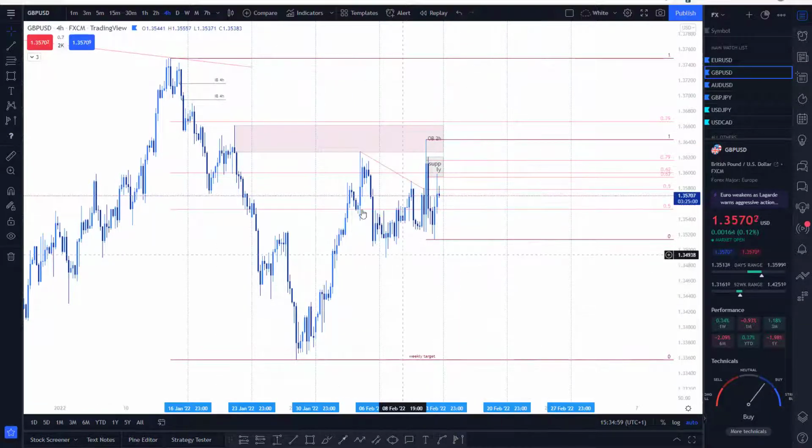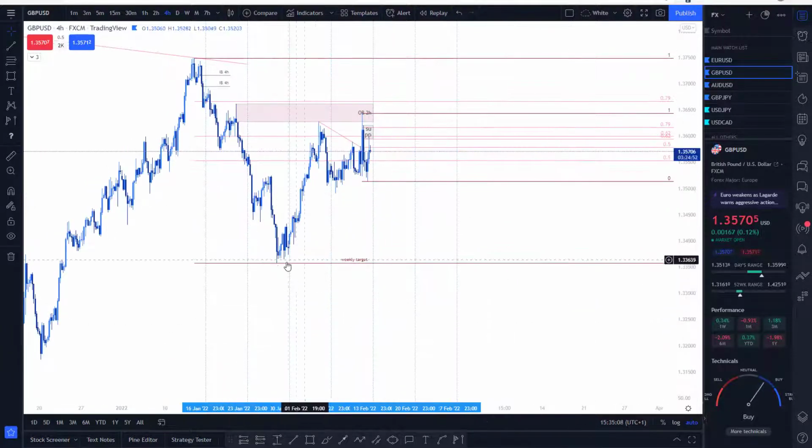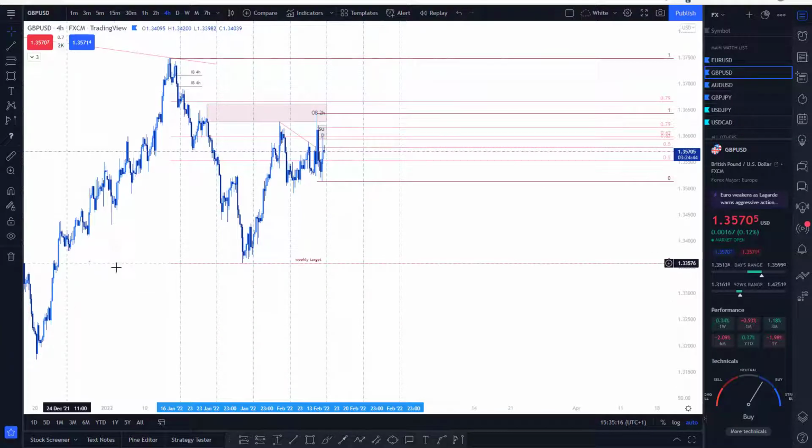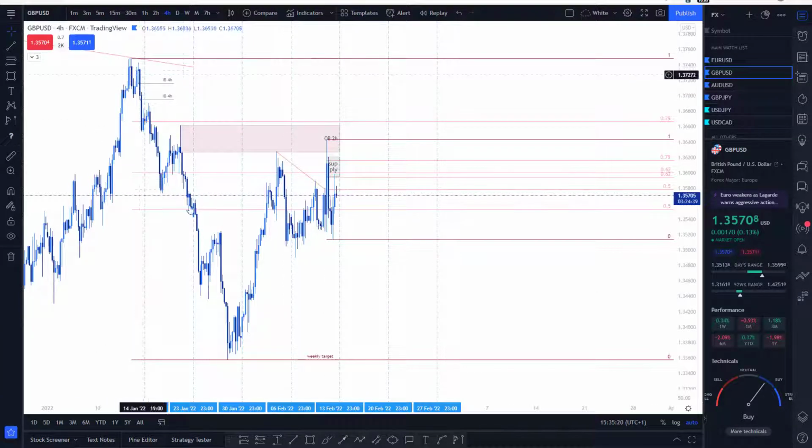And this was the impulsive move up after getting to this area here. So nothing special on the left for the move up. And it was a pretty impulsive move.